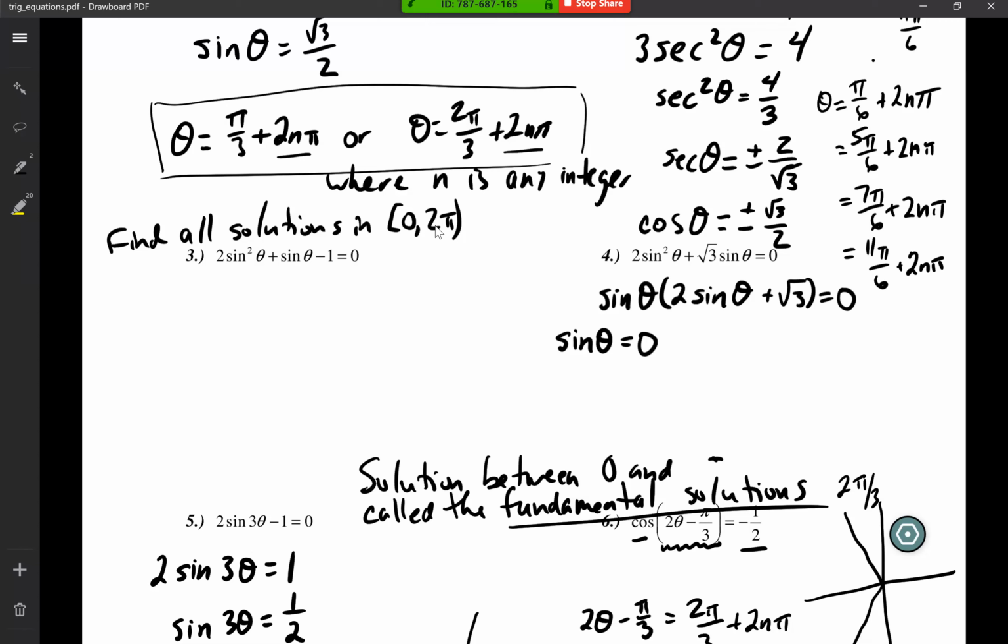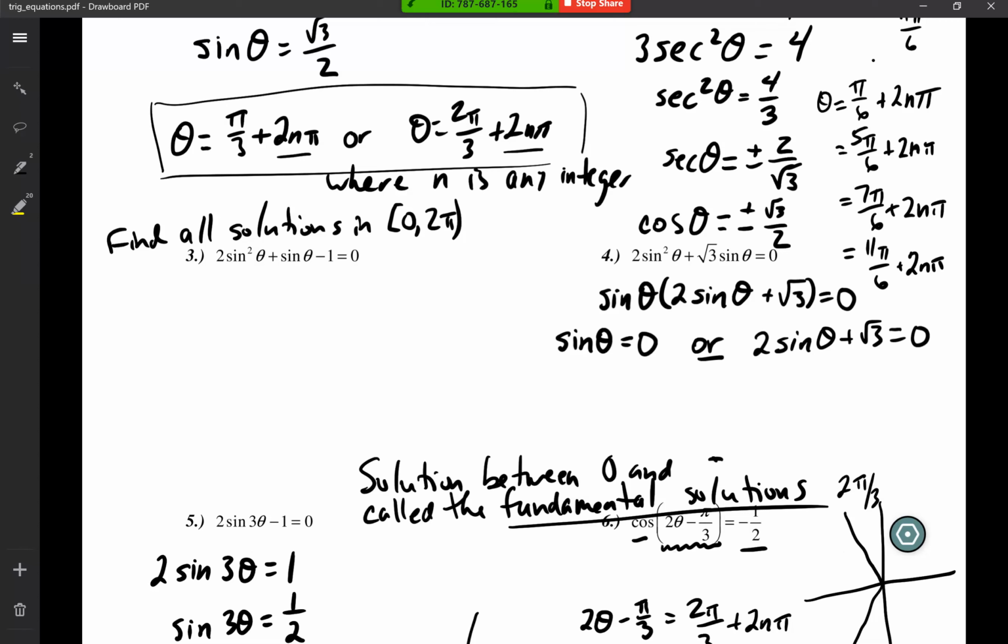So in the first one, sine of theta is equal to 0, or 2 sine of theta plus root 3 is equal to 0. Now notice that we've got equations just like what we've solved before.